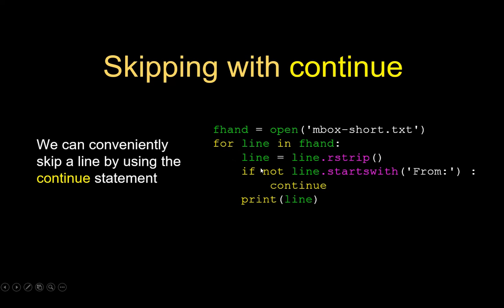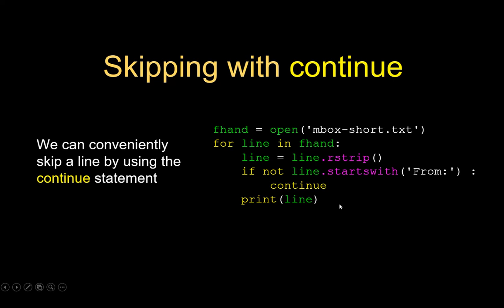For each line we do an rstrip, we get rid of that \n at the end of each line, and here we say that if the line does not start with 'From:', with this phrase, continue means go back to the next iteration of the for loop, and we just continue in this for loop until we find a line which starts with 'From:'.